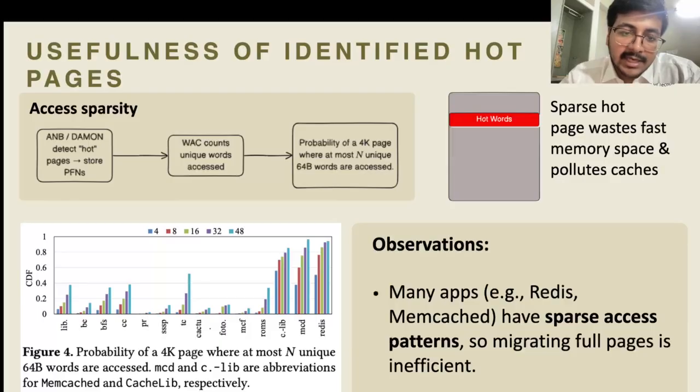In some applications like Redis and Memcached, we see that most hot pages are sparse, meaning only a small fraction of words are frequently accessed. Migrating such sparse pages wastes fast memory capacity and even pollutes CPU caches. Thus, our second observation is that many real-world applications exhibit sparse access patterns, making full page migrations inefficient.